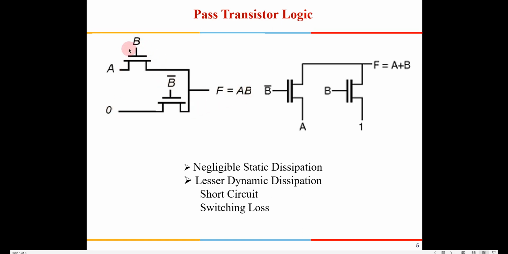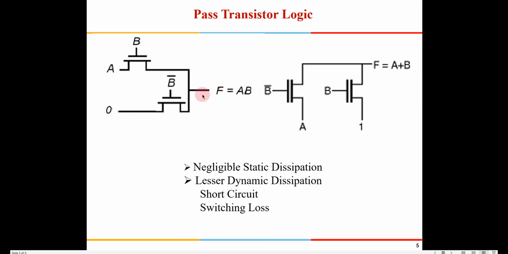You take one of the variables, like in this case B, and there are two possible combinations. One is when B is equal to 1, then F is equal to A, so I put A here. When B is equal to 0, F is equal to 0, so I put 0 here. So F is equal to AB.